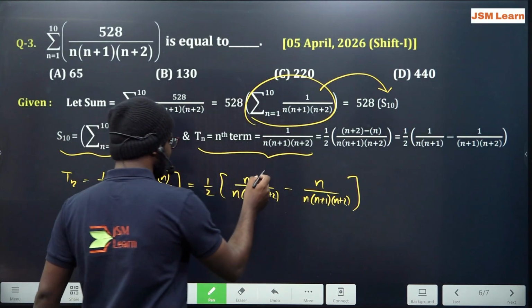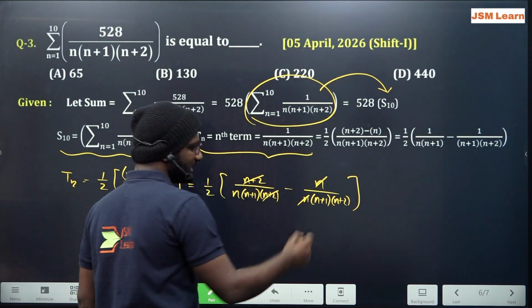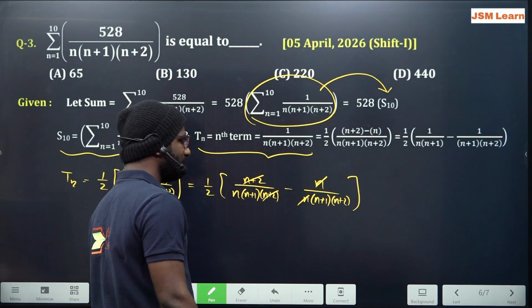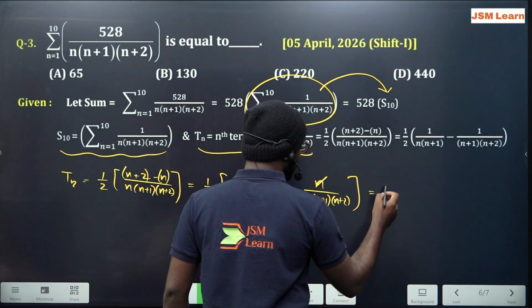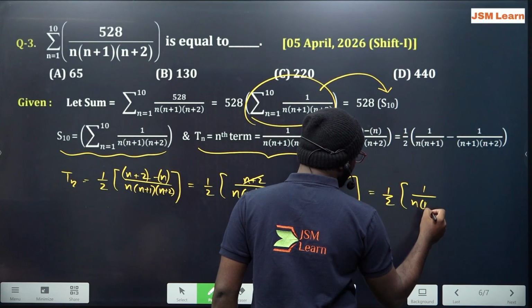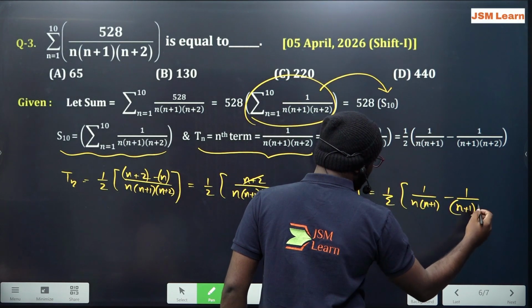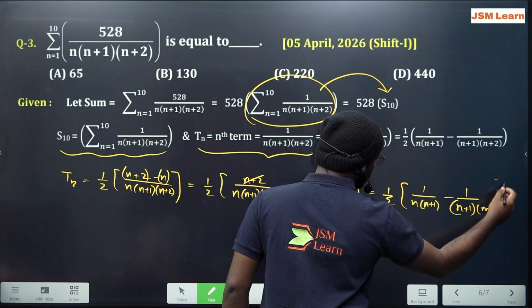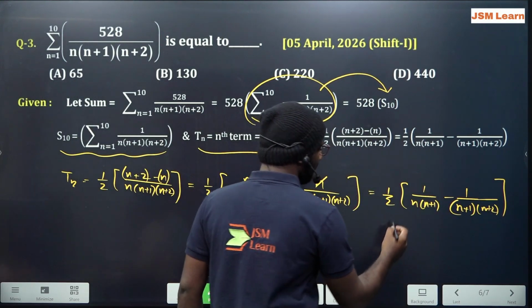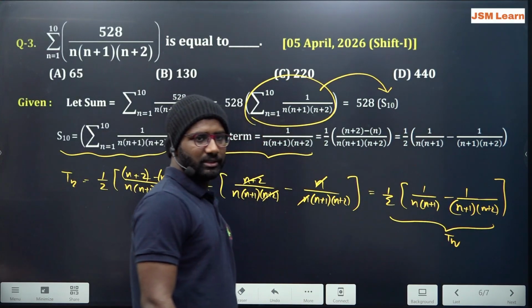Here this third term and third term will get cancelled. Here first term and this first term in this denominator will get cancelled. Finally this will convert into 1 by 2 times 1 by n into n plus 1 minus 1 by n plus 1 into n plus 2. So this is our final nth term of this given sequence.